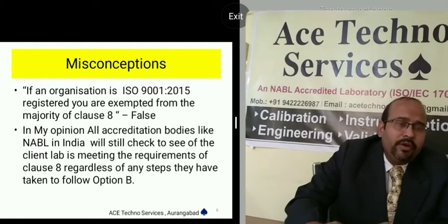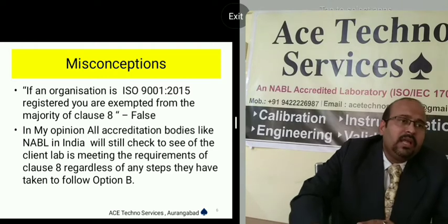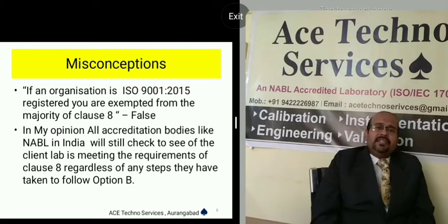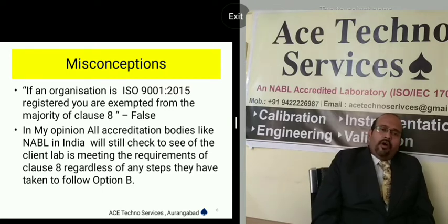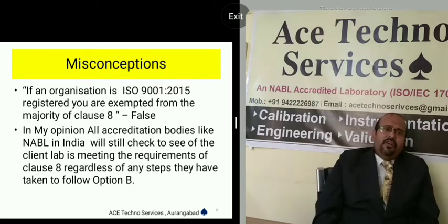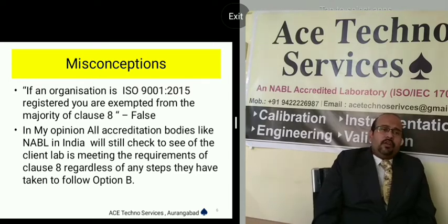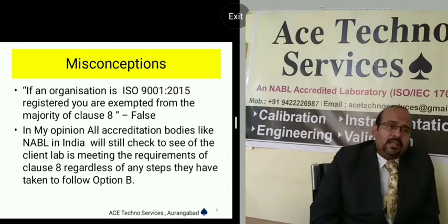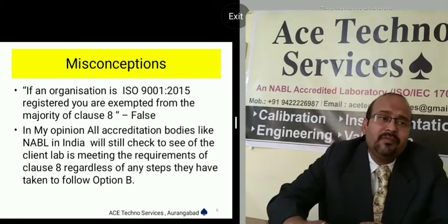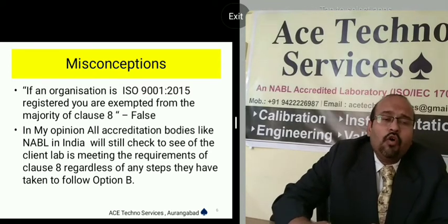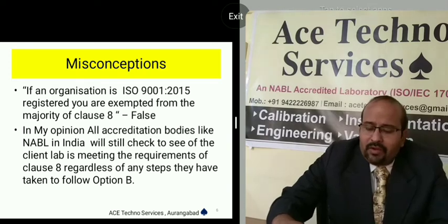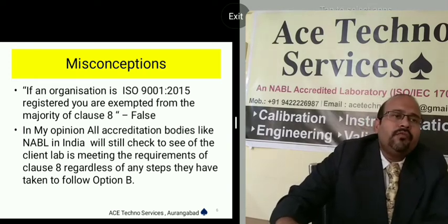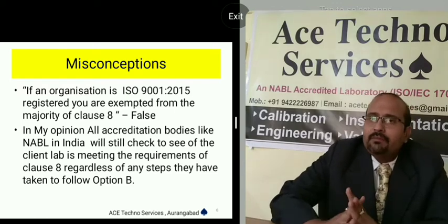Any accreditation body, like the National Accreditation Board for Testing and Calibration Laboratories in India or any other accreditation body, will always be strict to see the client lab meeting the requirements of clause 8, regardless of any steps that the lab is taking or has taken to follow option B. Which means that if you are an ISO 9001-2015 registered company, you will be exempted from clause 8.